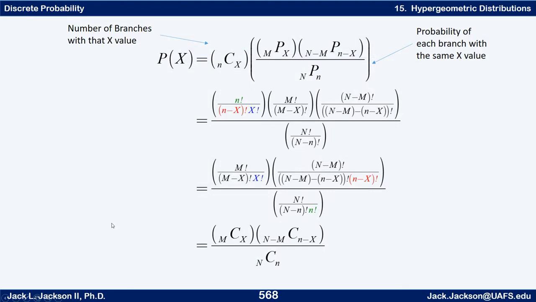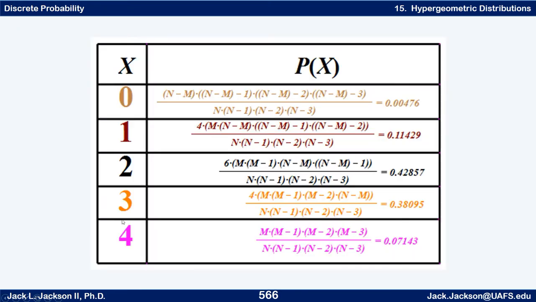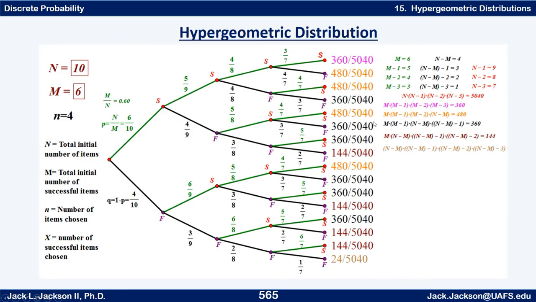Now let's see if we can look at what we have here. Let's look at some of these numbers. So the orange one, for example, the 480, we're multiplying a 6 times a 4 times a 5 times a 4.